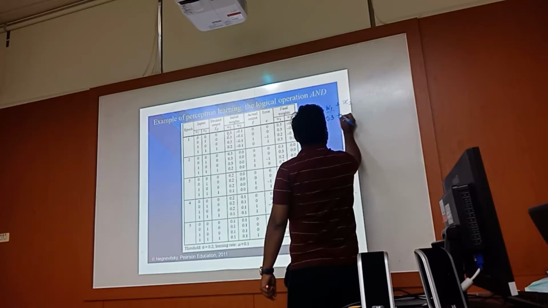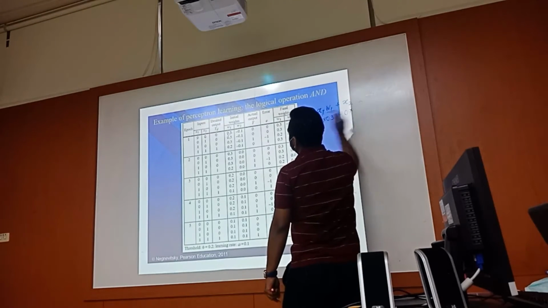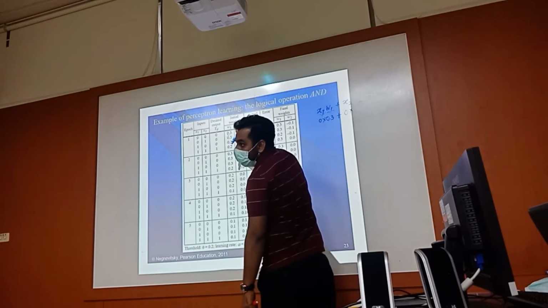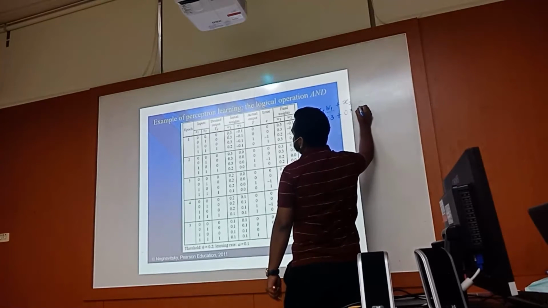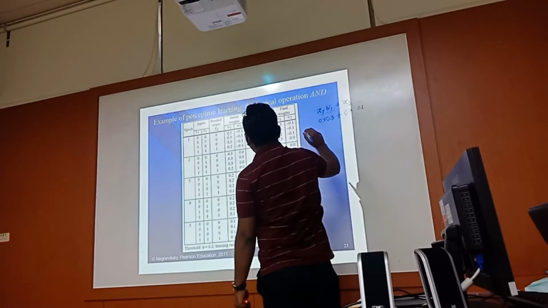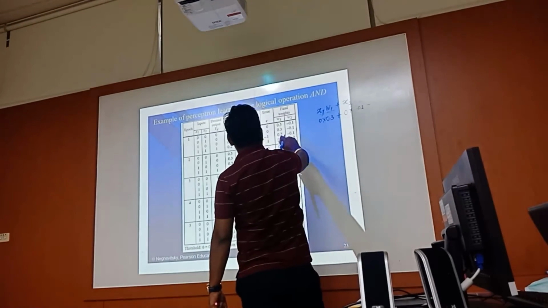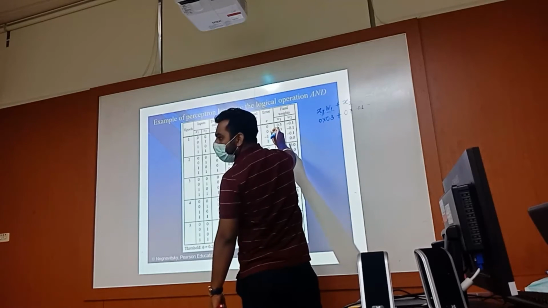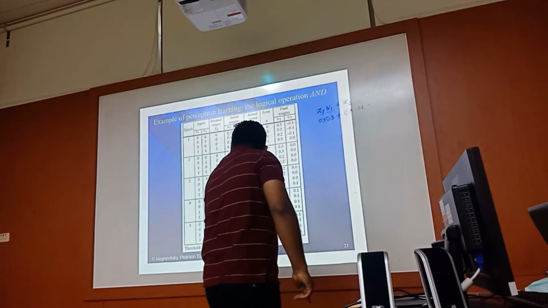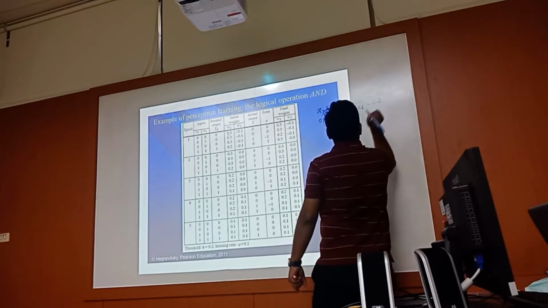After that, x2 value is also 0, 0 multiplied by weight 2 value, which is minus 0.1. Theta is 0.2.